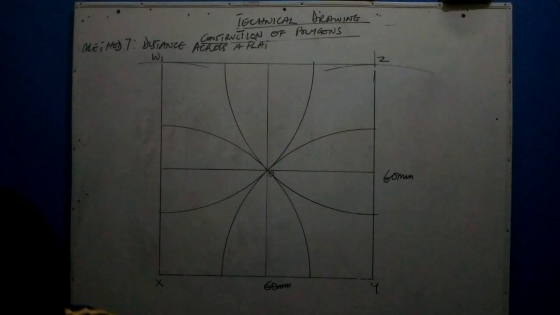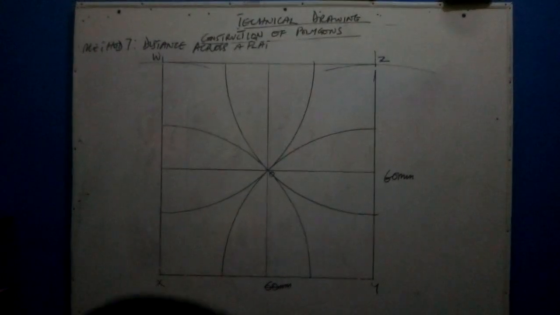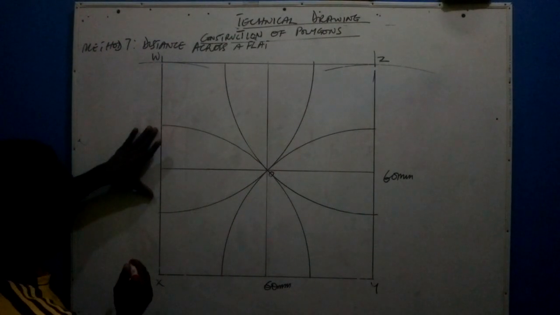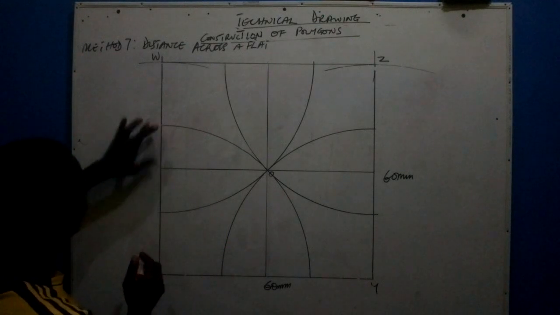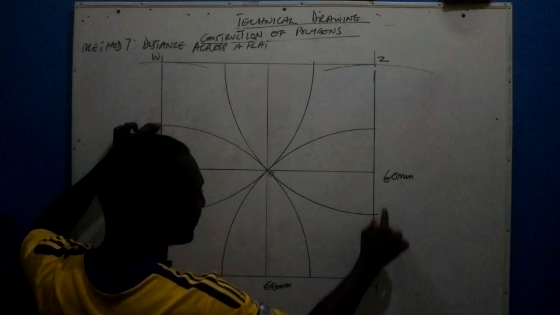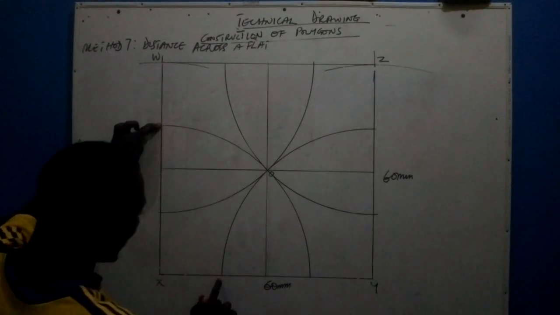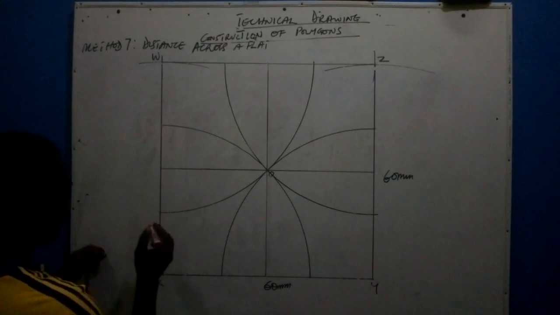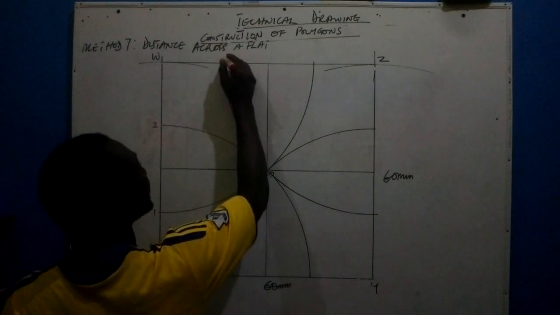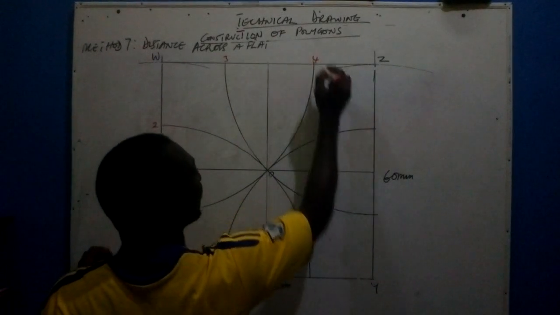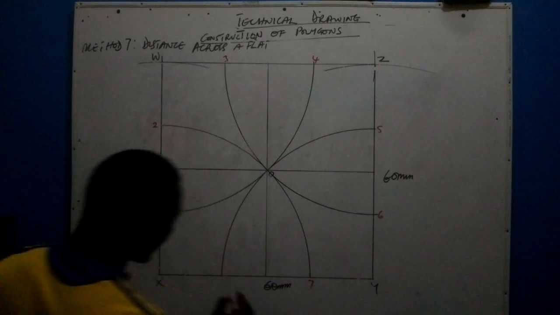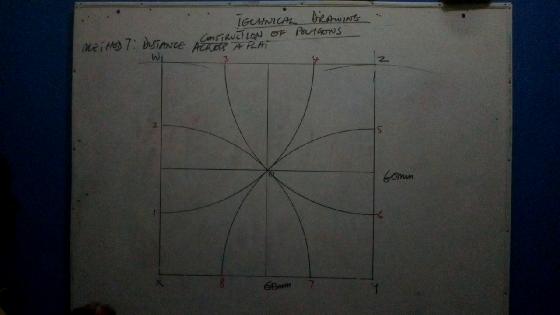Now let's check if you have gotten all outside. You can see that this is 1, 2, 3, 4, 5, 6, 7, 8. Now let's name it. We have our 1, 2, 3, 4, 5, 6, 7, and 8.